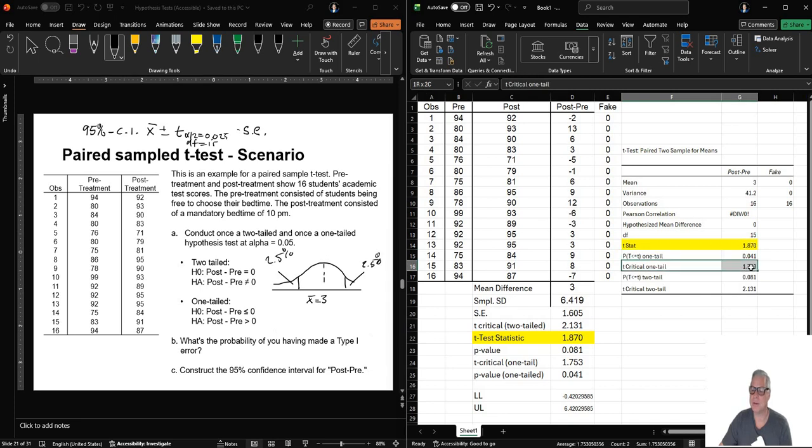The critical one-tail statistic is 1.753. So it's technically the same thing. But anyhow, I hope you get now a very good feeling also for what Excel does. And let's stop here for now, and then let's go into 2 sample t-tests in the next video.